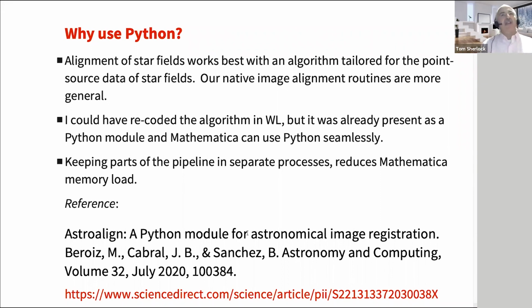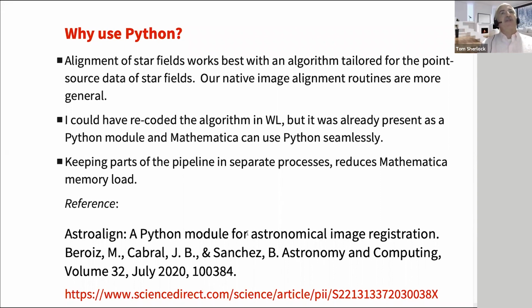Now, I could have recoded the algorithm into the Wolfram language, and I was thinking of doing that for a while there, but this is also a good opportunity to show just how elegantly and easily you can use code from other languages, in this case Python, to take canned algorithms which are out there and just drop them into your notebook and use them to do what you want to do.